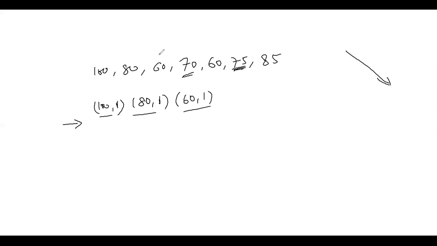Now the thing is when 70 came. So 70, what it will do, it will say, okay, look at the stack, keep removing stuff which are smaller than me, but stop wherever there is a guy bigger than me. So when 70 removes 60, it increases one count already because we found one value which is smaller than this guy. So we can have here 70 and 2.